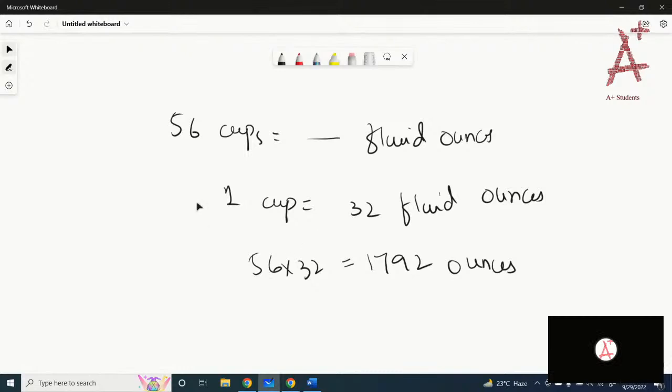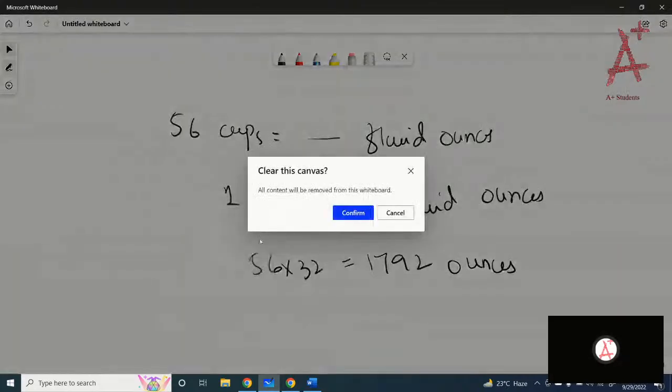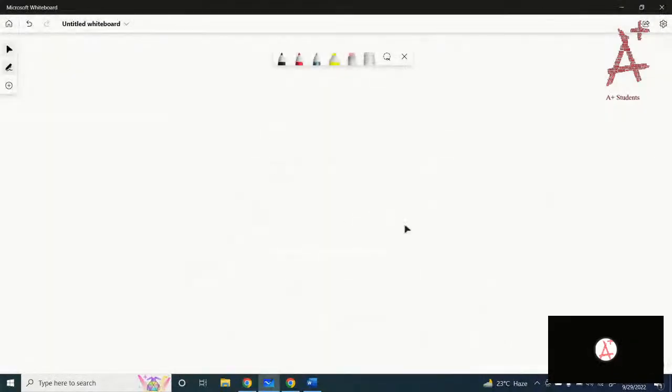For the metric units, you have to learn the conversion rates like we did for this one. Just understand the conversion rates so that you can do the conversions. Got it? Let's start with the example.